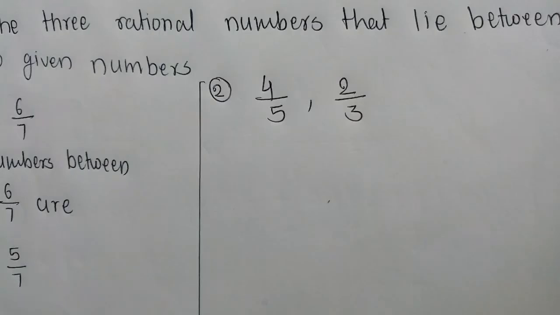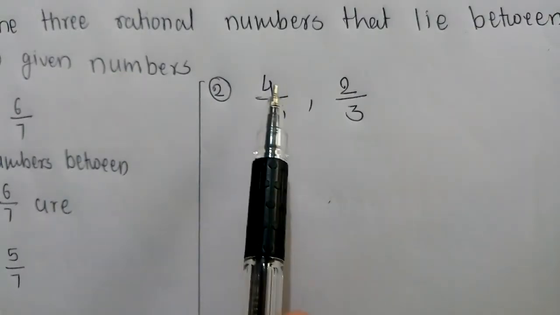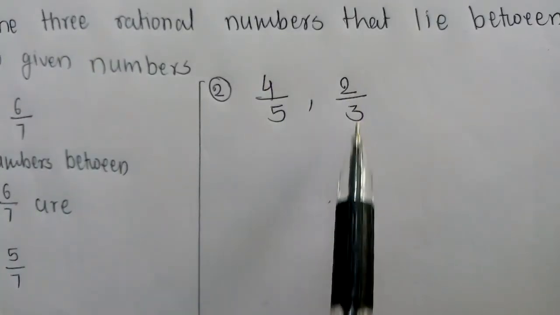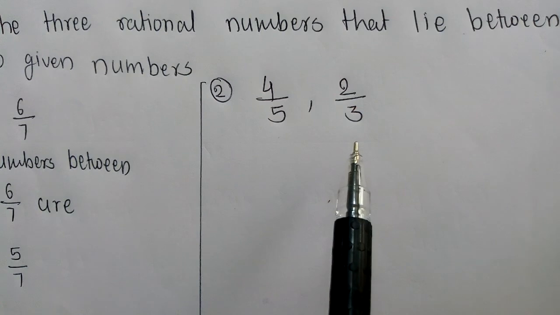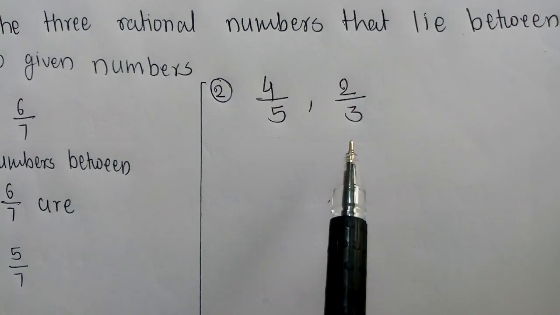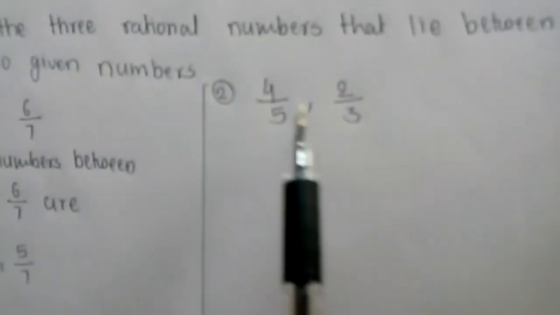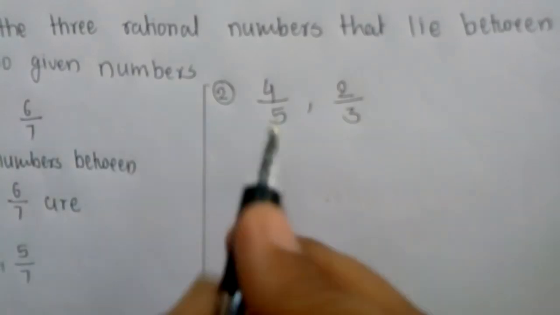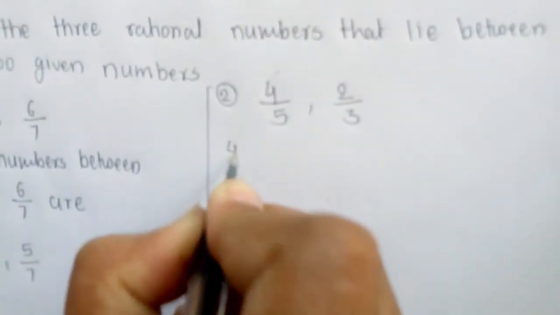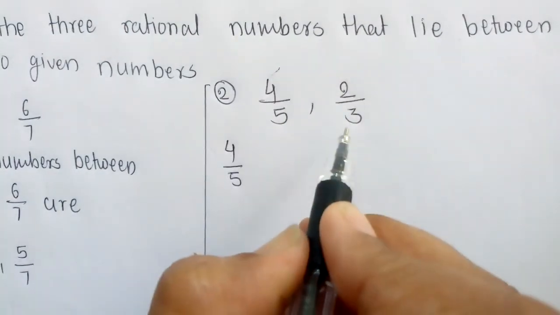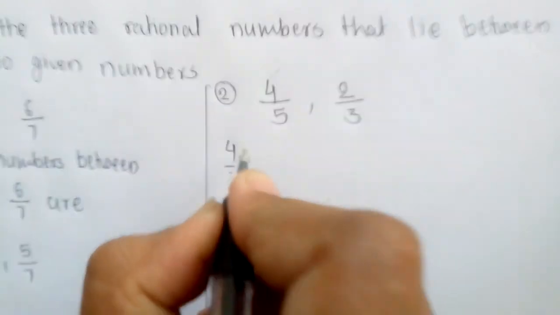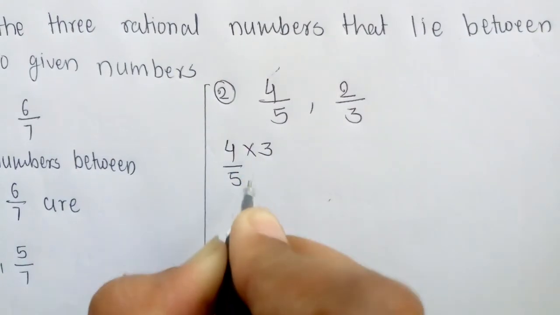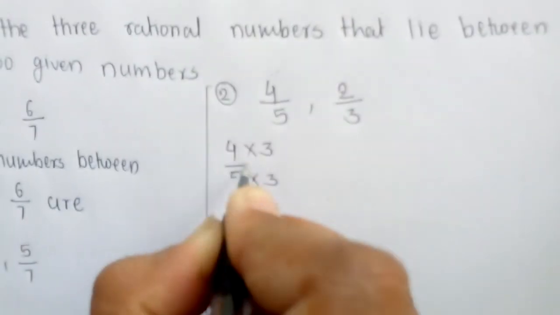Okay. Now here two fractions are 4/5 and 2/3. As you know how to make denominators equal, we will first make the denominators of these two fractions equal. So to the first fraction 4/5 we will multiply by the denominator of the other, that is 3. So we multiply it by 3 above and below.